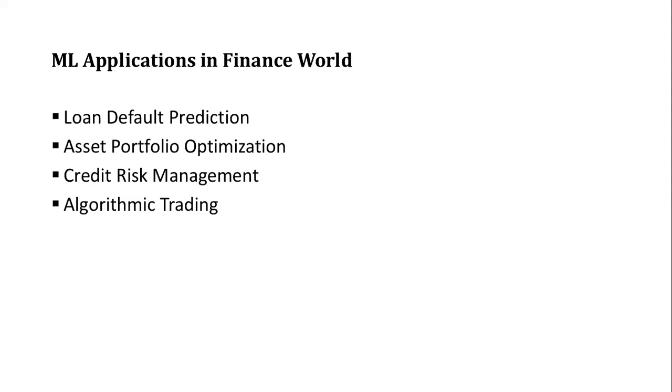Instead of conventional stock markets, we have this high speed trading that happens in real time, in real time stock markets, where if we have access to that type of algorithms, then we can go for algorithmic trading. Those are some examples of machine learning applications in the finance world.